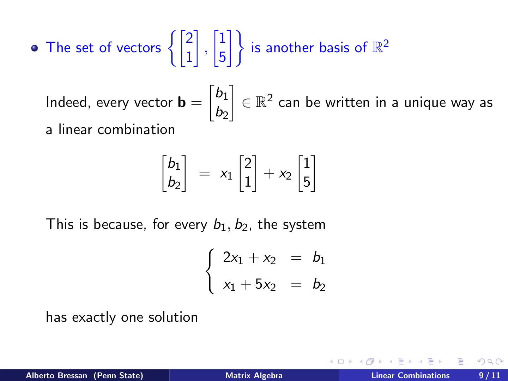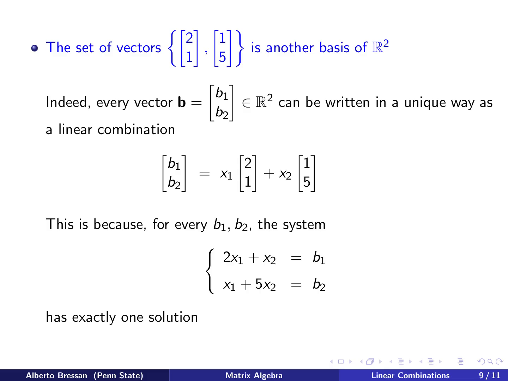Okay, one more example. Let's take another set of vectors, (2, 1) and (1, 5). And we want to show it's also a basis of R2. So we can go through a similar argument. We want to show that every vector b can be written in a unique way as a linear combination.